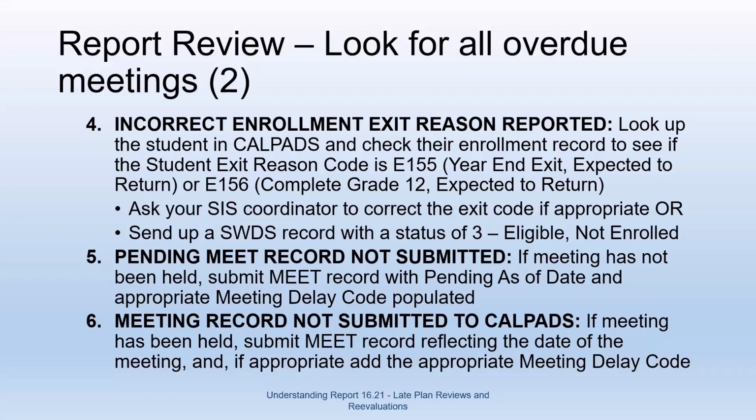You don't have to wait monthly to do this. You could do this on a weekly basis. Do we have any kids whose IEPs are overdue? Why are they overdue? Submit the pending record. Literally, it takes 5 minutes, if that, to do. Okay, and then when you submit that pending record, if there's a justifiable reason, you just put the meeting delay code, and guess what? They move out of that category on the report.